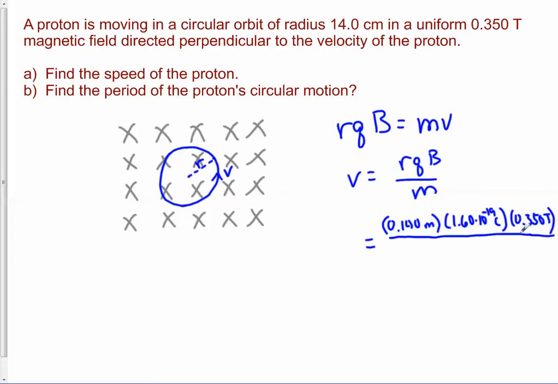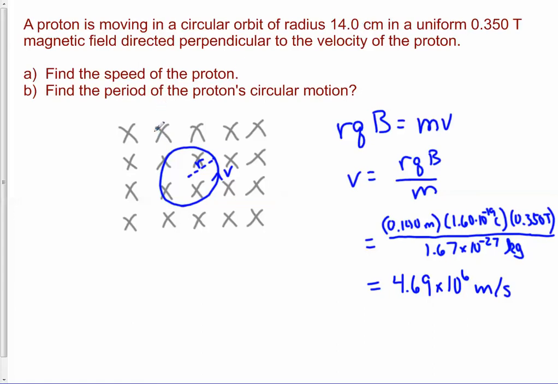And we divide all this by the mass of a proton, which we just look up. Okay, and that gives us 4.69 times 10 to the 6th meters per second. So that's how fast it's moving. It's going a little more than 4.5 million meters per second. So it's zooming around in a circle really fast. You know, a circle that we could see, 14 centimeters in radius.